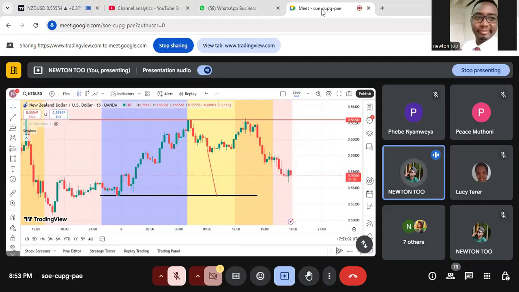Then you're just on the screen waiting, waiting, waiting. Then the market gives you your setup maybe at around 4 p.m. So to me, there's no difference between what you're doing in the forex market and your job. There's no difference because it doesn't give you freedom.